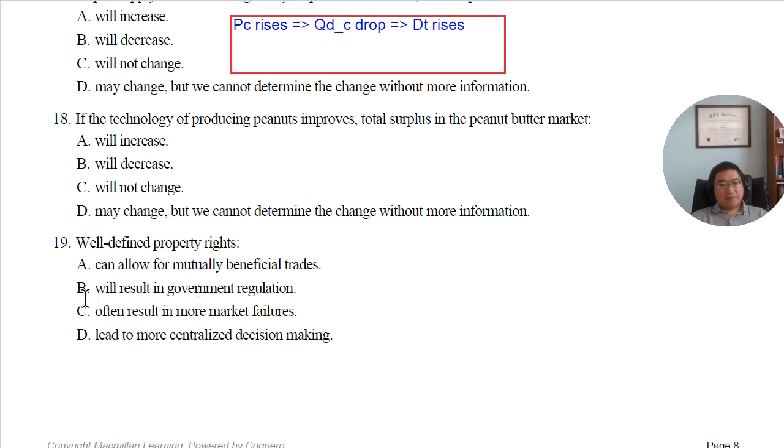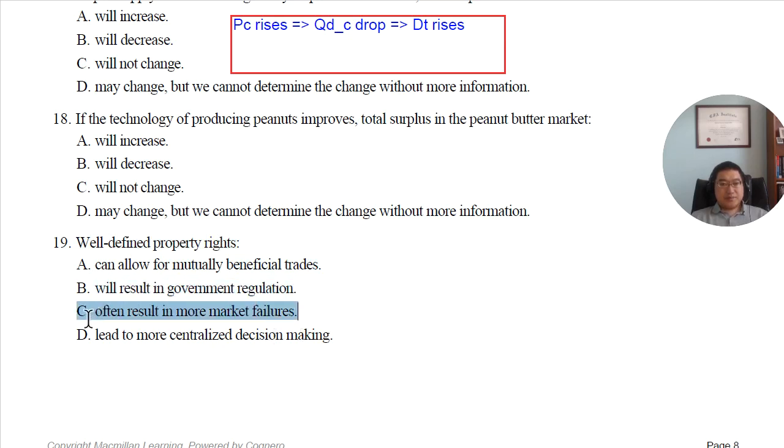All right, well-defined property rights will result in government regulation? Actually, we need government regulation or government intervention when the property rights are not well defined. If they are well defined, the government can just enforce the property rights, and then the trade can happen. Okay.